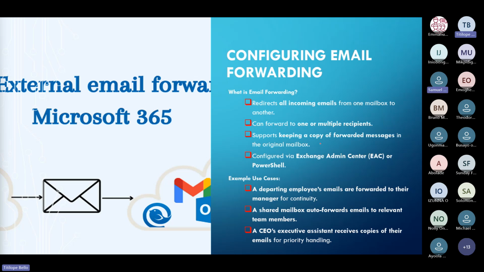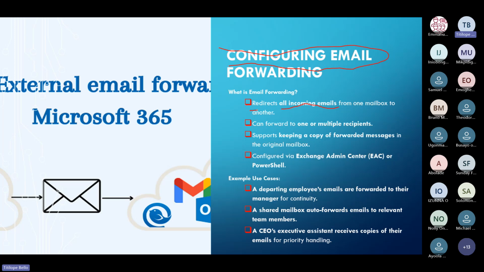So the individual user can do this, and the admin can also do it. What the user can do is go into his own inbox and create a rule and say, any email that comes to my box for a certain customer, forward a copy to such and such group or persons.